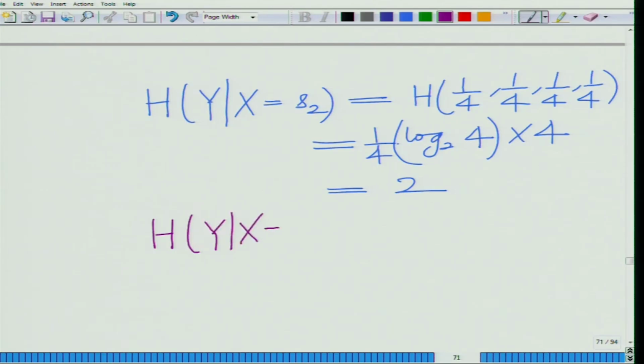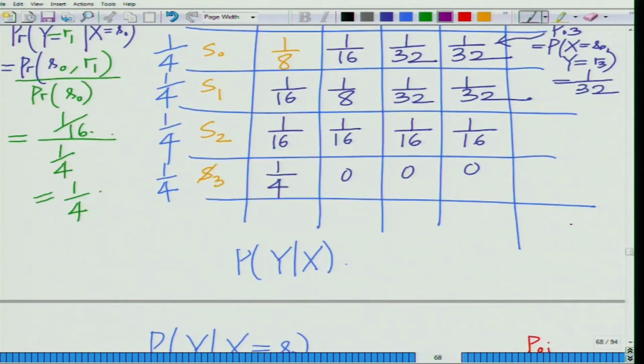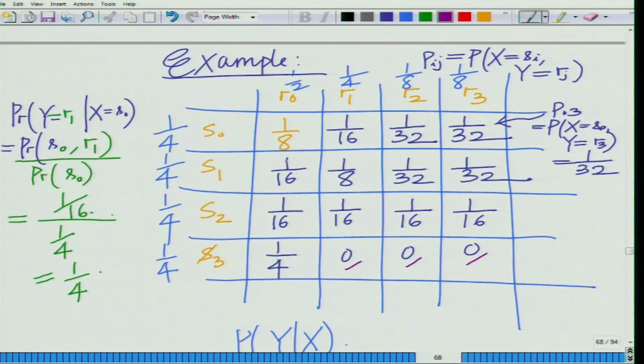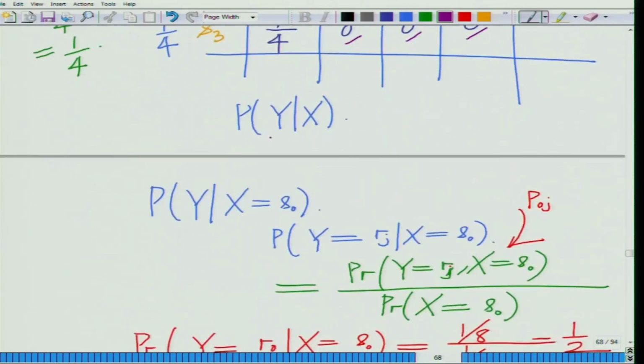h of y given x equal to s3 will be equal to h of 1 0 0 0, because you can see in this case the joint probability of all symbols other than the symbol r0 are 0. So, their conditional probabilities will be 0. The conditional probability of y equal to r0 given x equal to s3 will be 1 by 4 divided by 1 by 4, that is equal to 1.